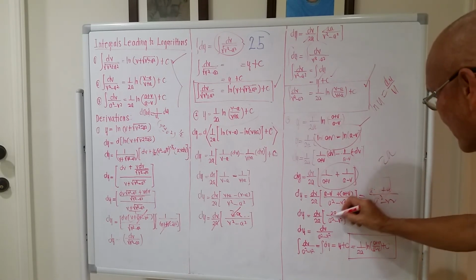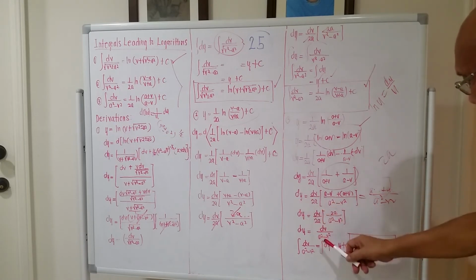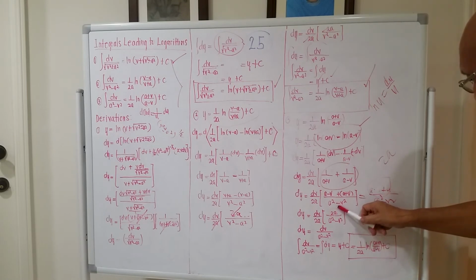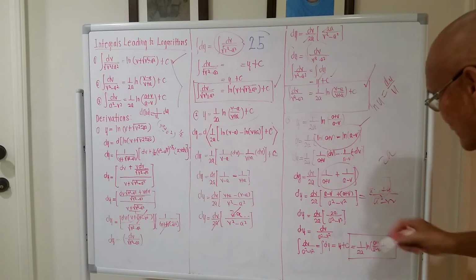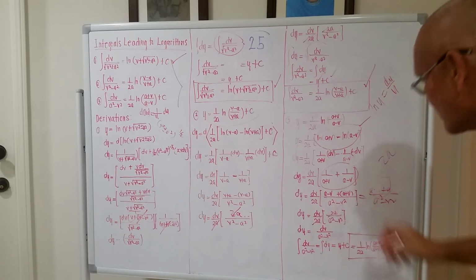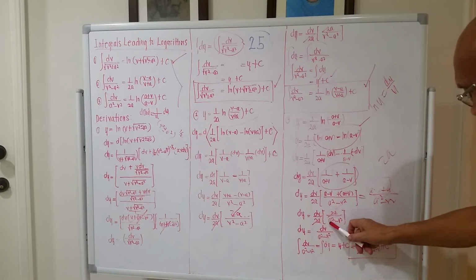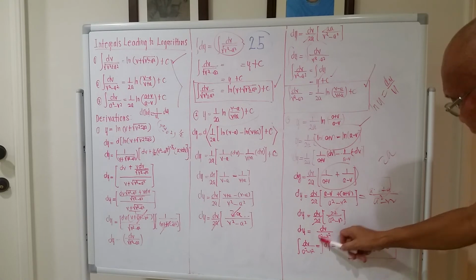So dy now will be 2a over a square minus b square, and this 2a here cancels with this. So what remains is differential y equal to dv over a square minus b square.